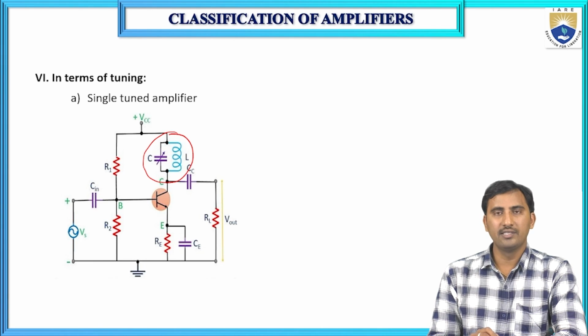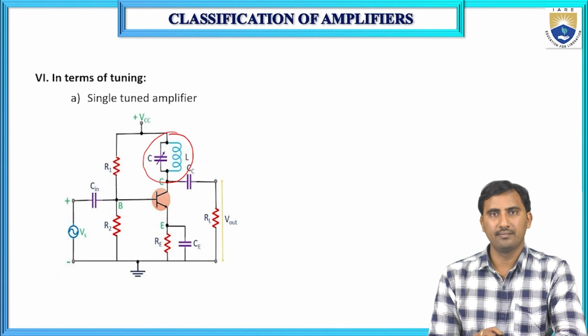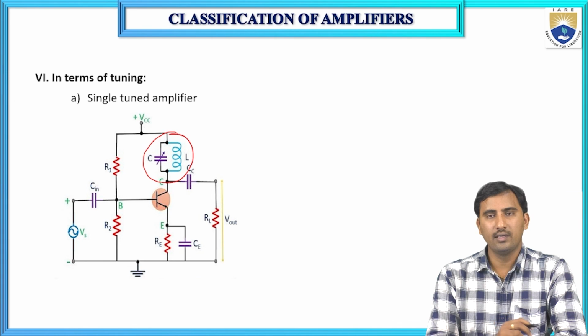Generally, this type of amplifier is used to select a particular frequency, tuning. Generally, it is used to select a particular frequency in FM, frequency modulation. You listen to songs using FM, and in FM, different channels are there: 98.5, 98, 98.3, 99, 101, 100.